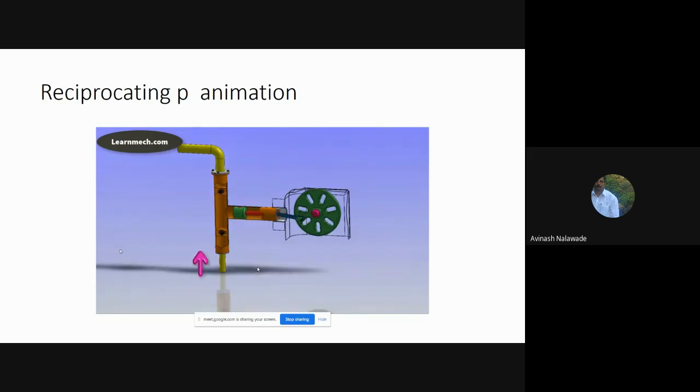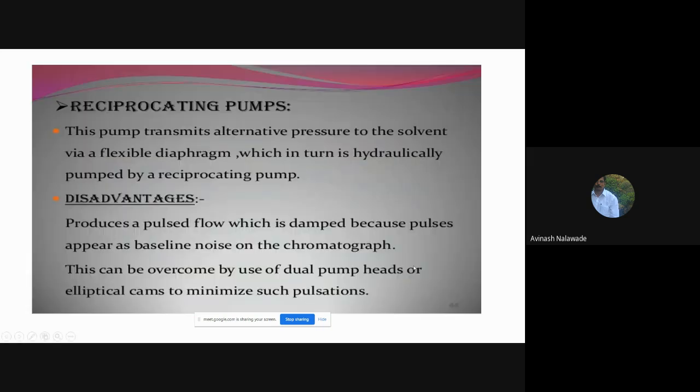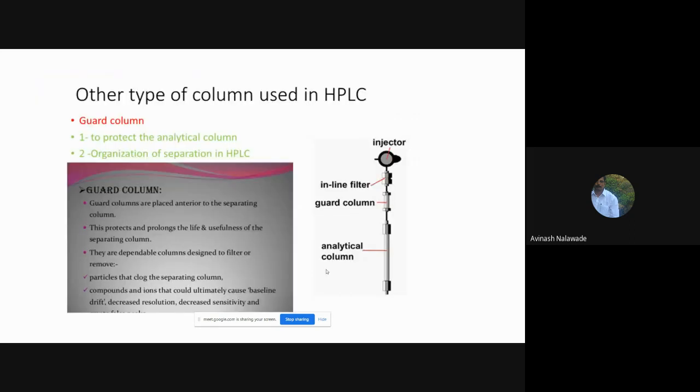See here how the pump works. So this is about the reciprocating pump, how the reciprocating pump works. That animation shows how the reciprocating pump actually works.